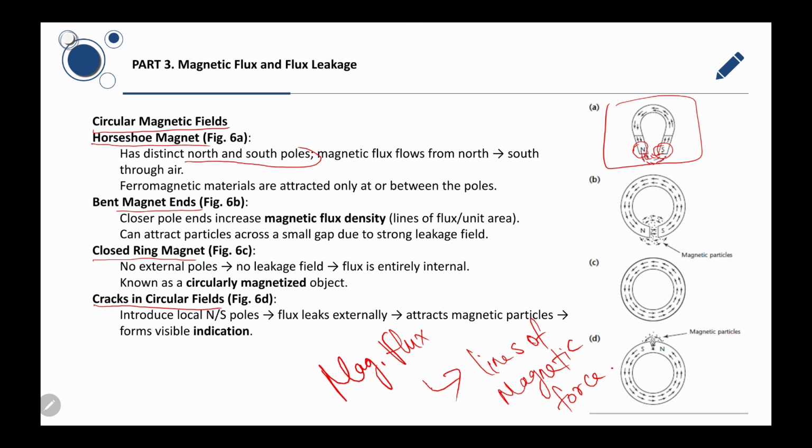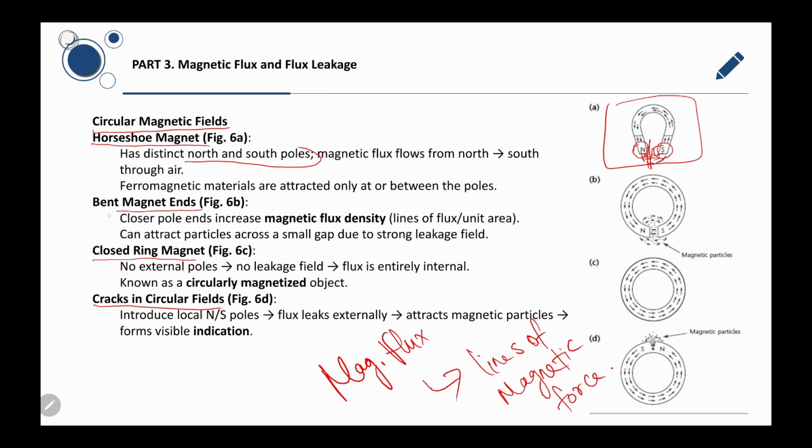When you bring a ferromagnetic material near it, you will notice it's attracted only at or between these poles, where the field is strongest, where the flux lines are entering or leaving the magnet. This is a horseshoe magnet.